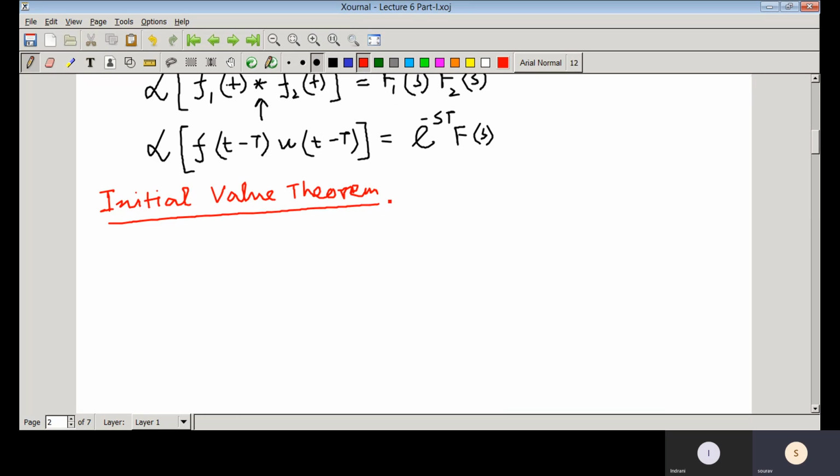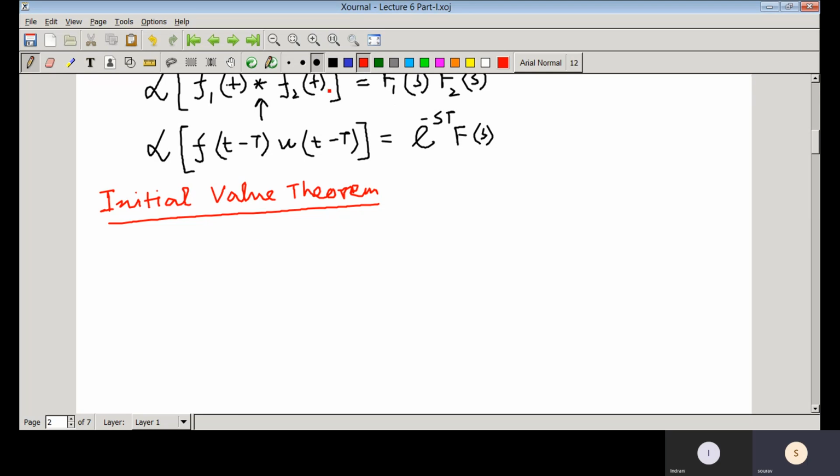So here, initial value theorem means, suppose a function is given, and if you would like to find the value of that function when t tends to 0, you can have it in the Laplace domain as well.